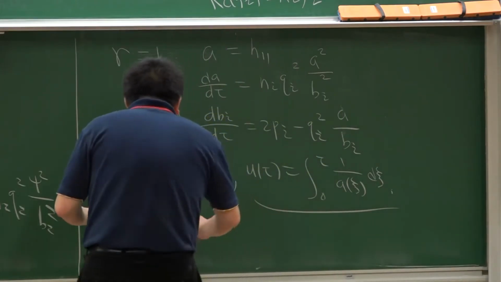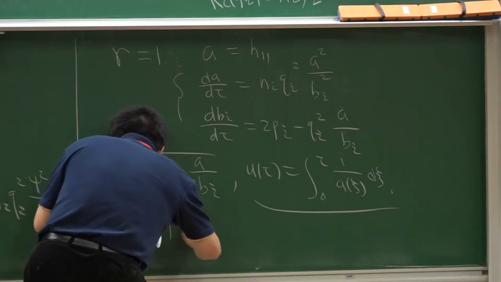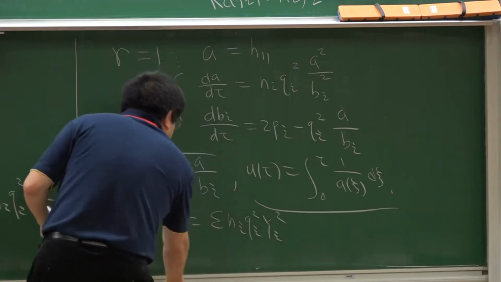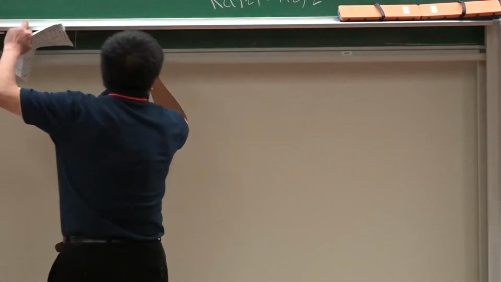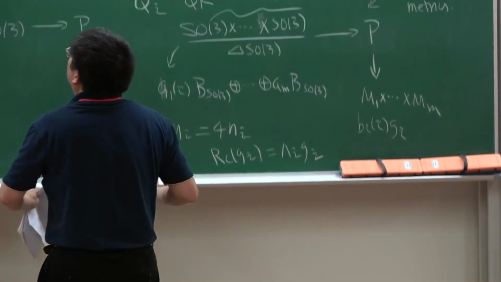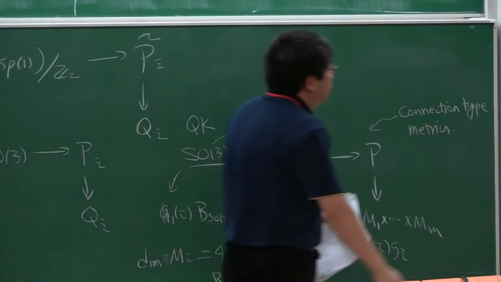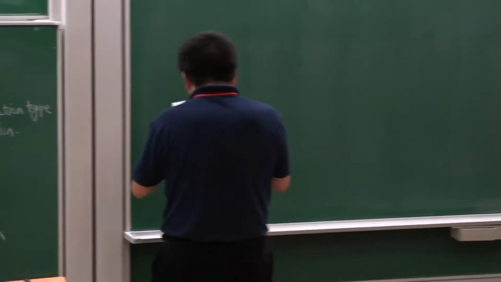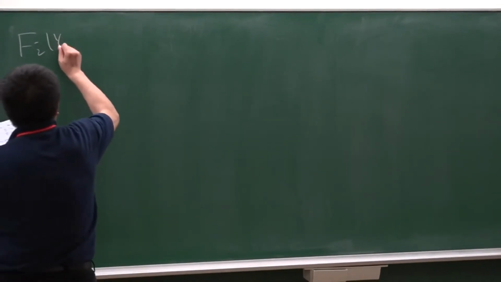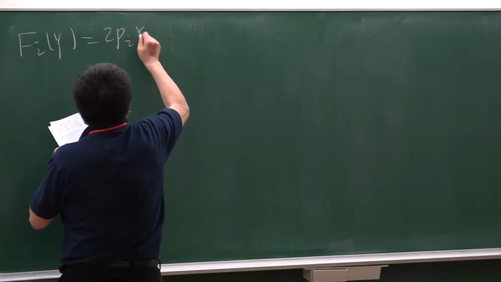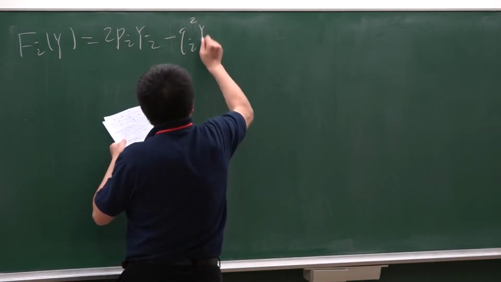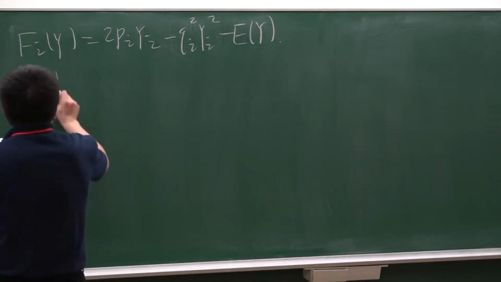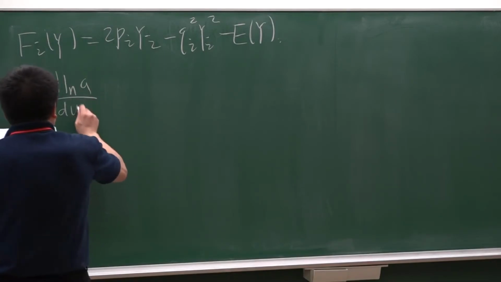Okay, so if you let E Y equal to sigma Ni Qi squared Yi squared, and let Fi equal to 2Pi Yi minus Qi squared Yi squared, what we get is that the equation becomes the following format.